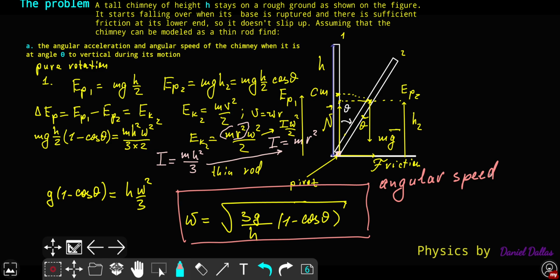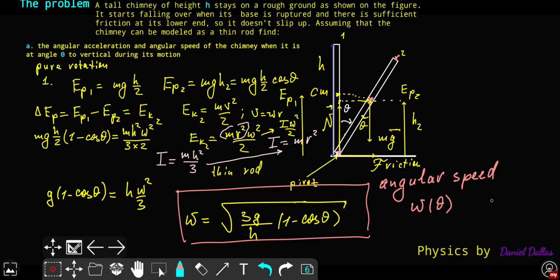Let's analyze for a while. So omega is definitely depending on theta, but it stays the same for every single point chosen on the rod. No matter whether it's the top, the center of mass, or even the bottom part. So omega is the change of theta over time, okay? As I explained before.